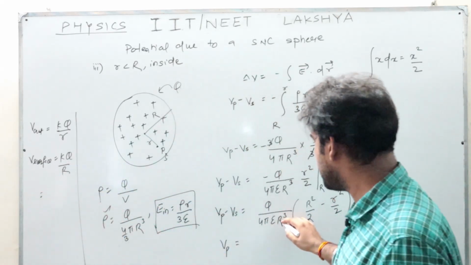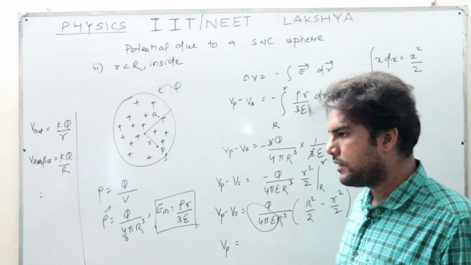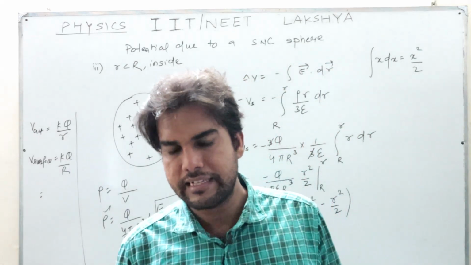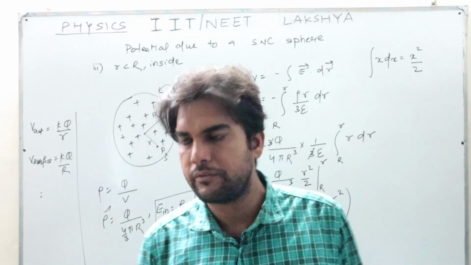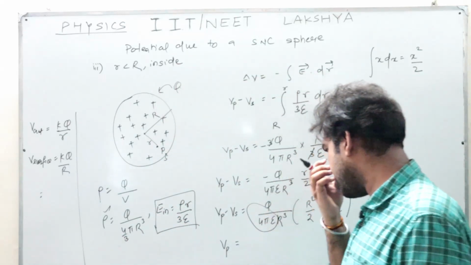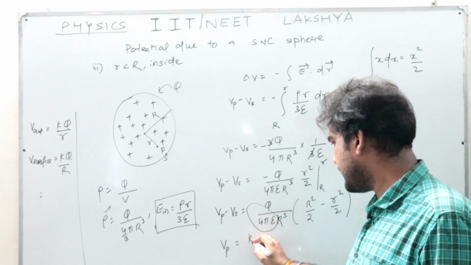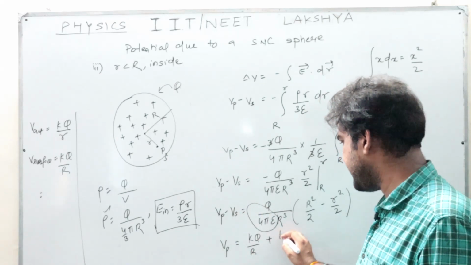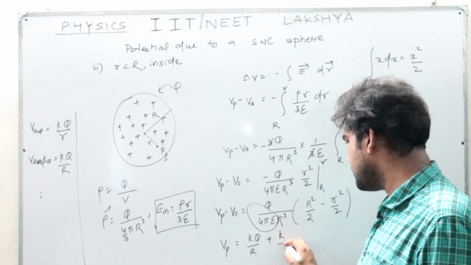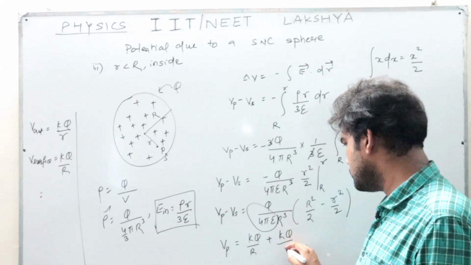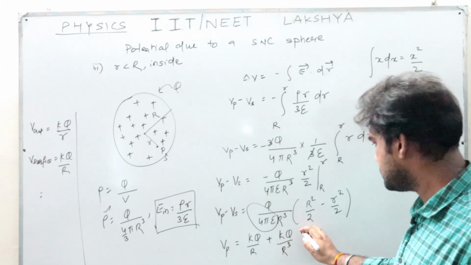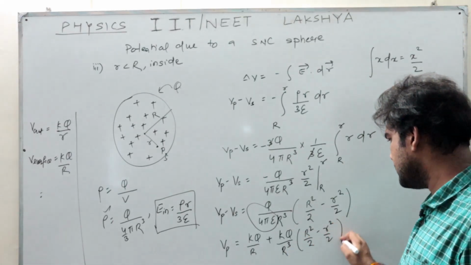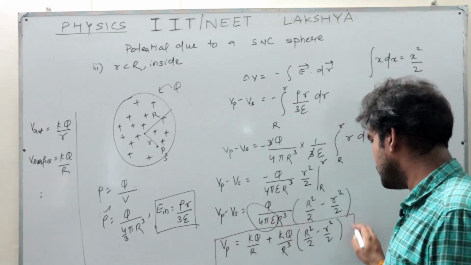Even this I can substitute as K. K is 1 by 4 pi epsilon not, but here your epsilon is there, so let me assume that itself as K. So this itself I will write as K. So that will become Kq by R, because this term came here, which is Kq by R plus Kq by R cube, R square by 2 minus small r square by 2. So this is what we have got.